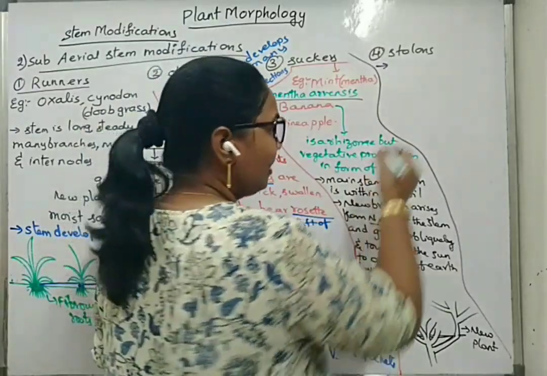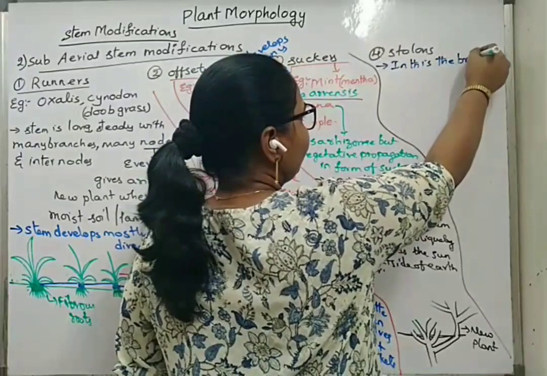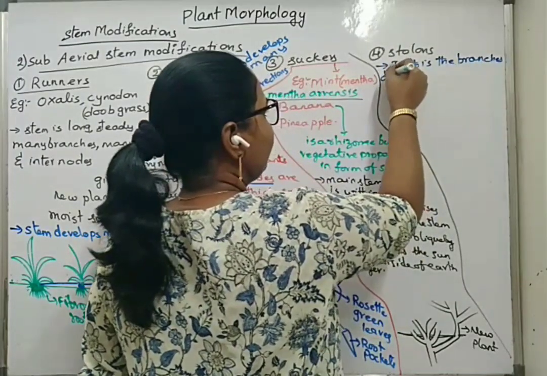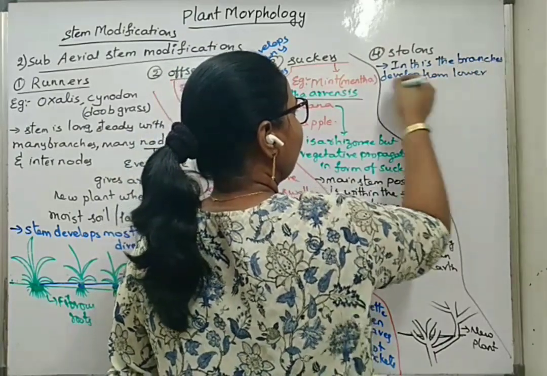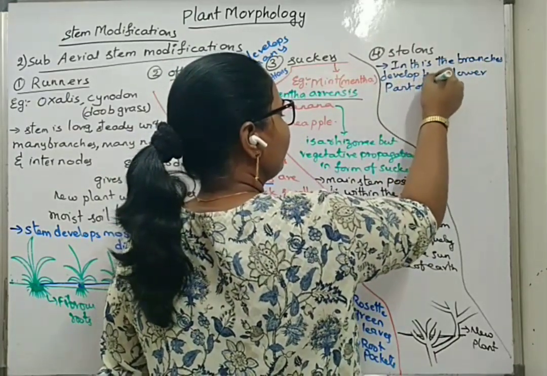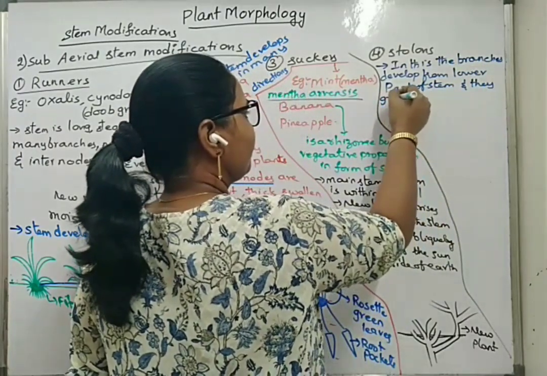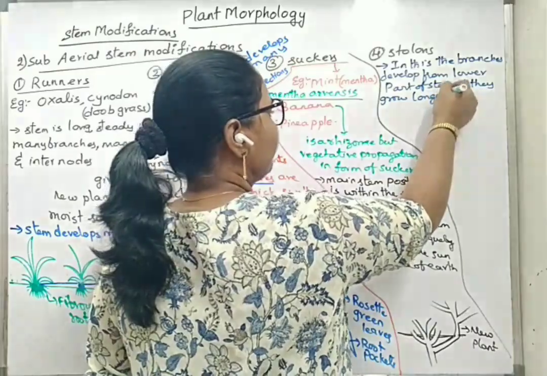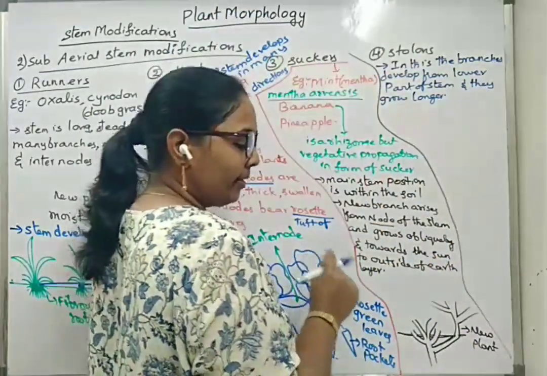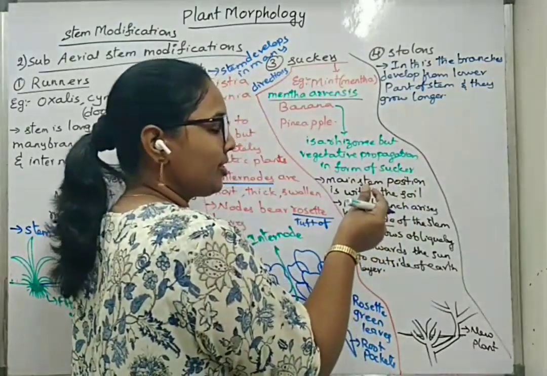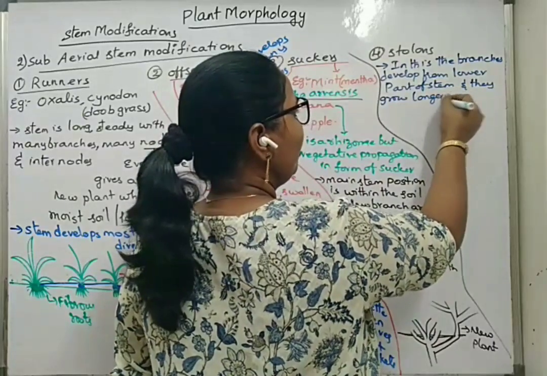So we can write that the branches develop from the lower part of the stem, from the node, and they grow longer. But when they are bent like an arch and touch the soil, then they give rise to a new plant.